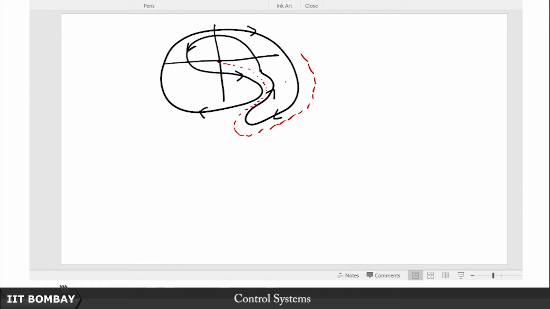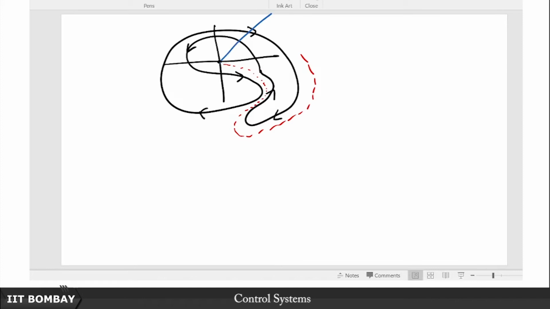So one way to do that is to draw a test radius, or a test phasor, in any direction, starting from this point. This is the origin, the critical point that I am interested in. And then I see how many times I am cutting across the periphery of this contour. In this blue line here, it cuts across the periphery of the contour twice. So does that mean the number of encirclements is 2?